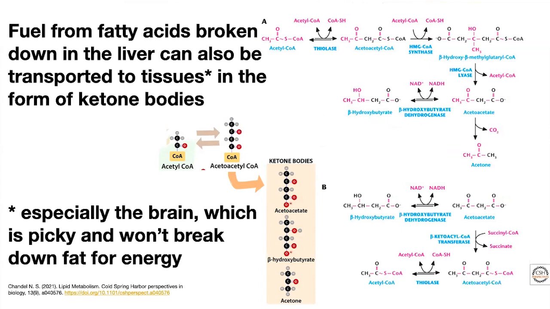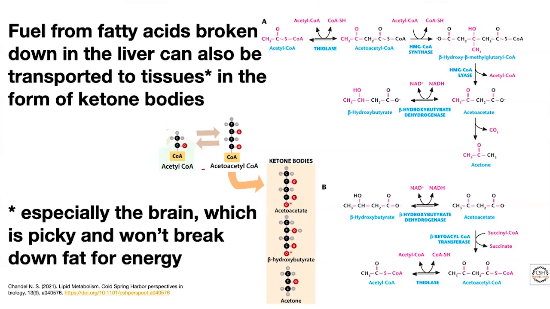Basically, this molecule can then get further modified to give us acetoacetate, and then beta-hydroxybutyrate dehydrogenase can transform that into beta-hydroxybutyrate. So we reduce it from a ketone to an alcohol for a more stable form, and this beta-hydroxybutyrate can then transport through the bloodstream to get to tissues that need energy.